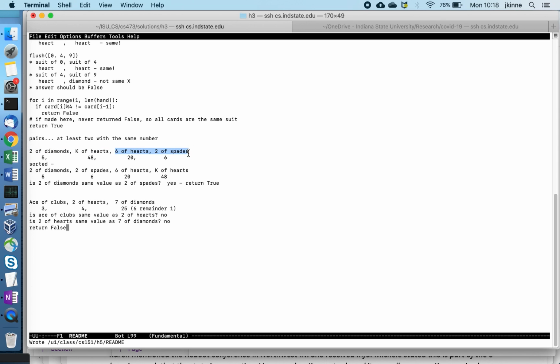No. And if I get through and they're all no's, then I would return false. For this trick to work, of just comparing adjacent values, I have to have them already in order. So I'm going to sort my hand based on the number on the card. So then, if I have a pair, they should be next to each other.